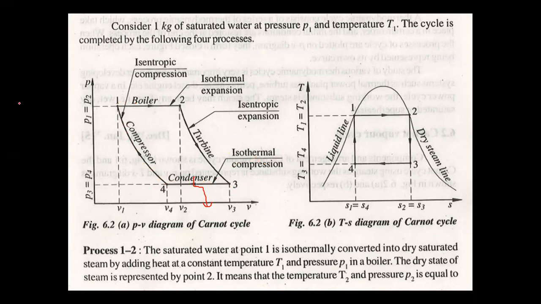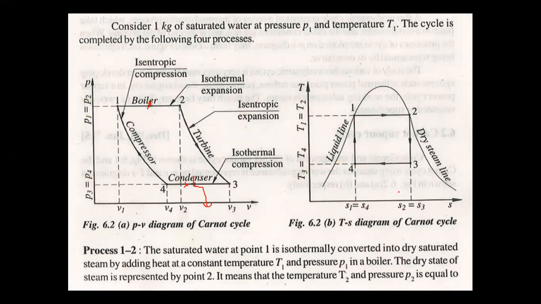This is the PV diagram where we observe that P1 is equal to P2 and P3 is similar to P4, means there are only two temperatures at which the whole cycle works. And when we see the TS diagram, it is observed that T1 is equal to T2 and T3 is equal to T4. At the same time, S1 is equal to S4 and S2 is equal to S3.